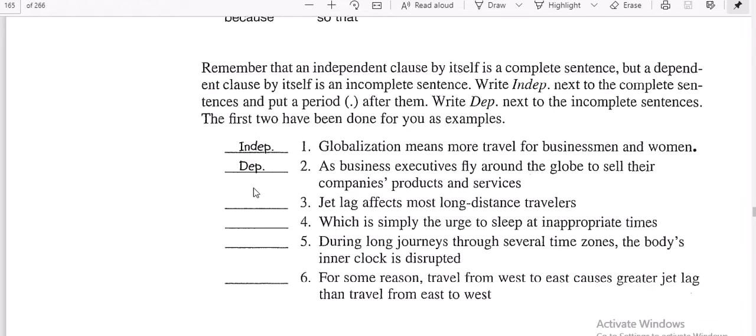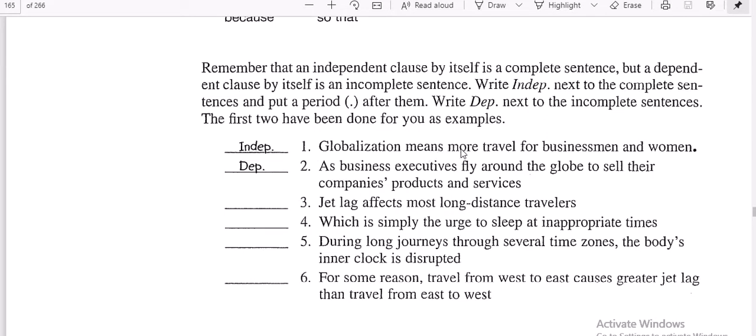And if you decide that a clause is dependent, you just need to write the abbreviation dep. Okay, let's start with the first one.